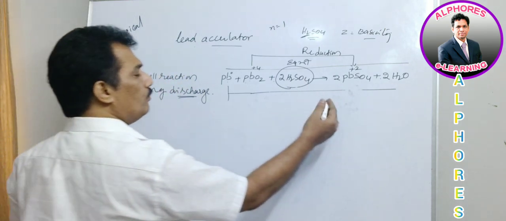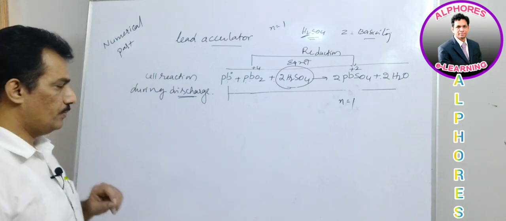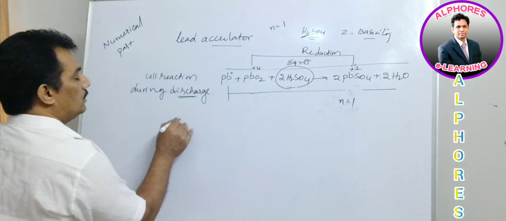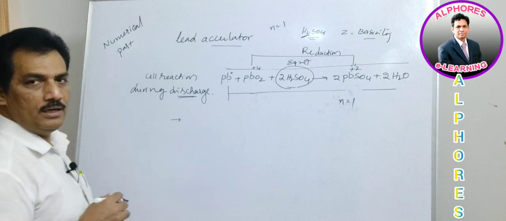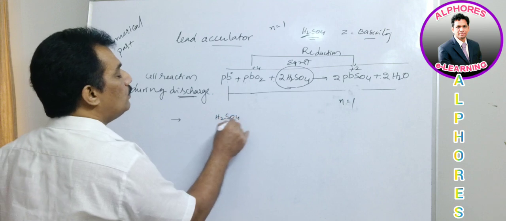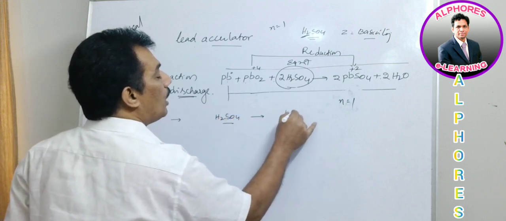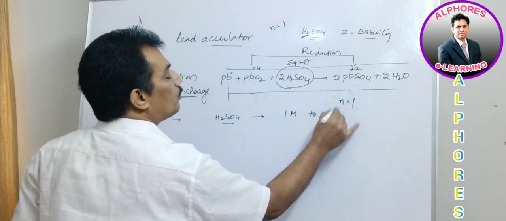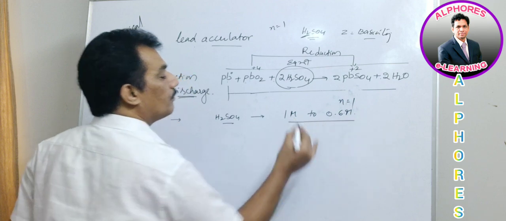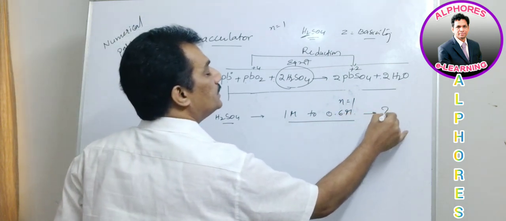Here we know the n factor is 1, as we just discussed. Now they are providing that during the usage of a lead storage battery the H2SO4 concentration is found to decrease from 1 molar to 0.6 molar, then how much current is generated?